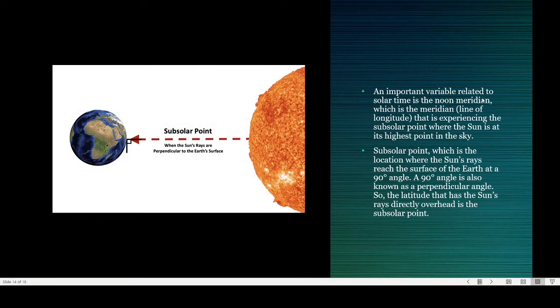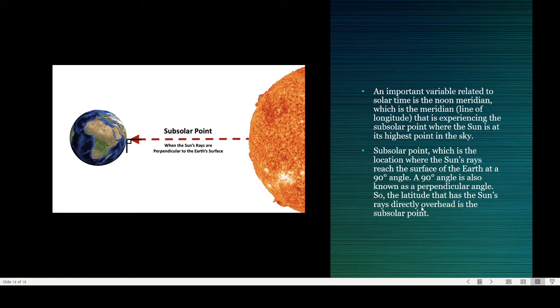An important variable related to solar time is the noon meridian, and meridian is another word for longitude. It is the meridian that is experiencing the subsolar point, where the sun is at its highest point in the sky. As you can see here, the subsolar point is hitting the Earth at a 90-degree angle, and this is when the sun's rays are most concentrated, and this is the time when it's 12 noon.